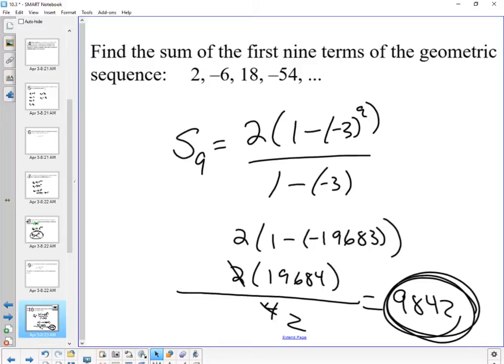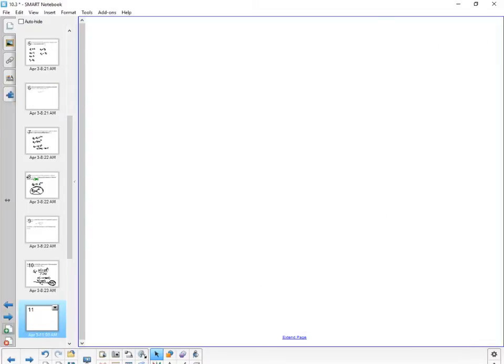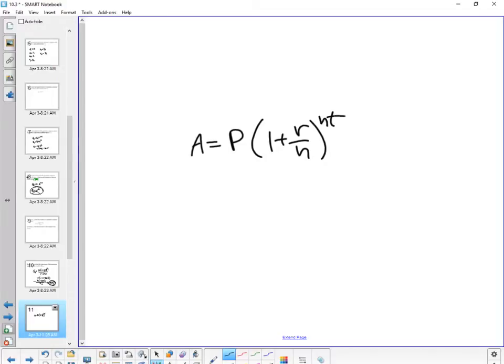So do you guys remember compound interest? What was simple interest? A equals P times 1 plus r over n to the nt.